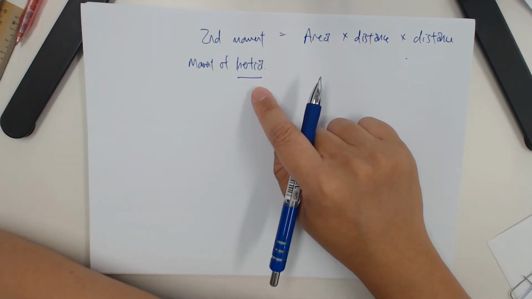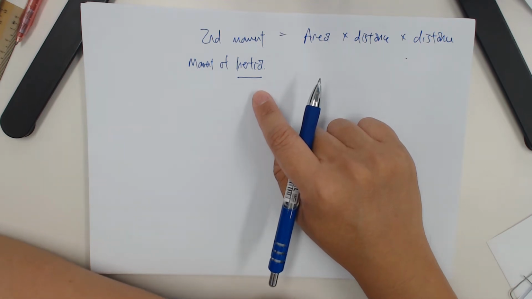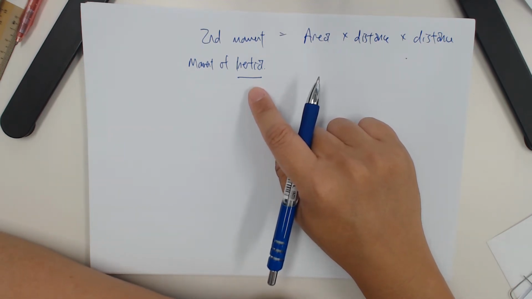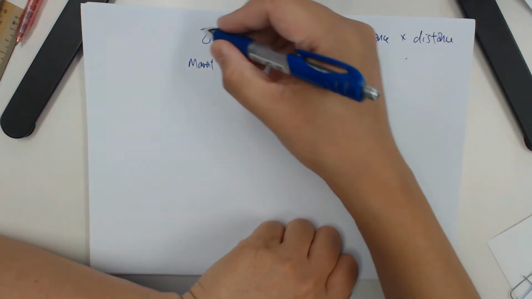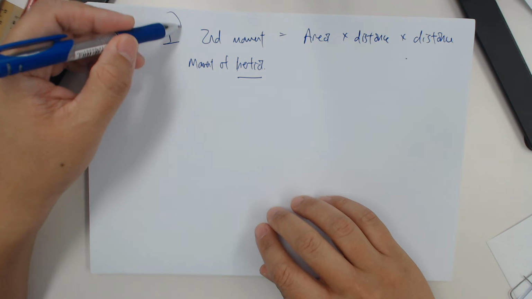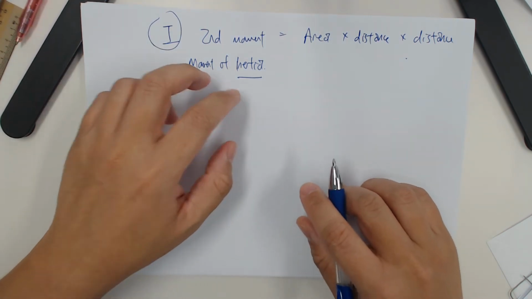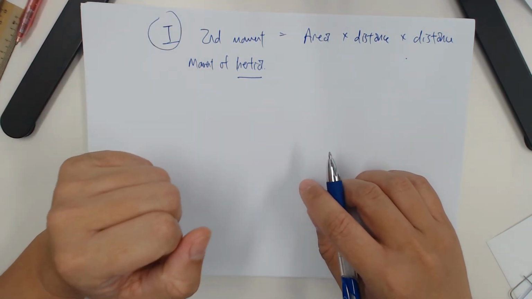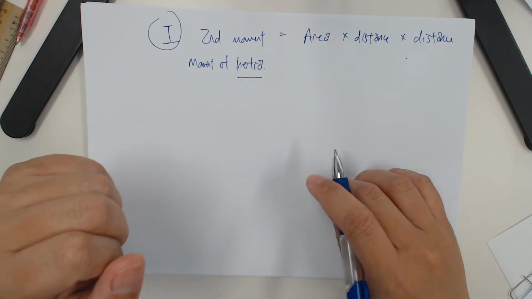That is your inertia. You tend to want to stay where you are instead of moving around. So this second moment, we typically call it I, and this I value is a representation of how resistant you are to a motion.